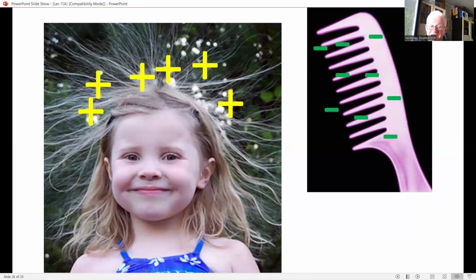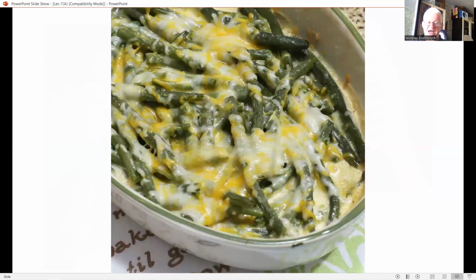Stars don't comb their hair, of course, but they're hot and they're made up of ionized gas, so there are plenty of electrons zipping around. The molecules and atoms in any object are in constant motion, and in a hot object, they are more agitated than in a cool object.